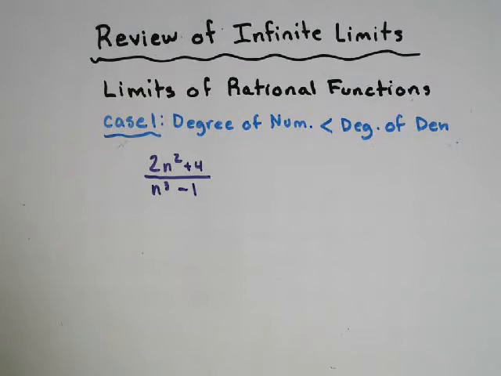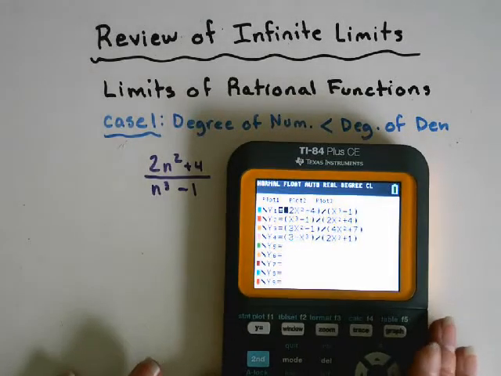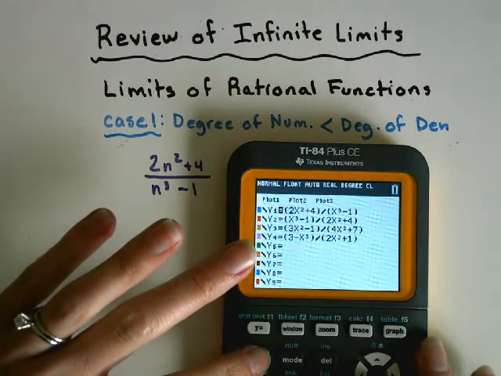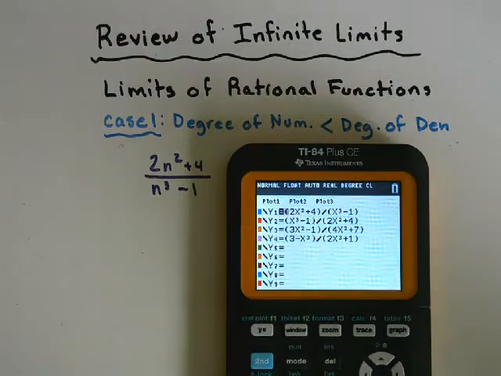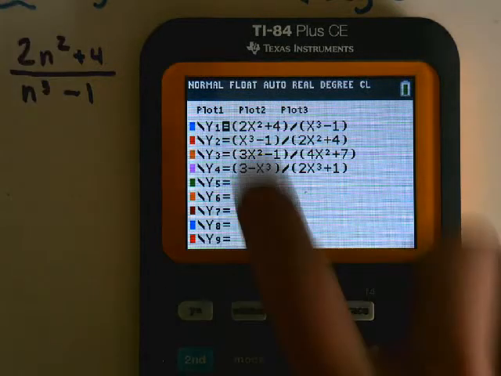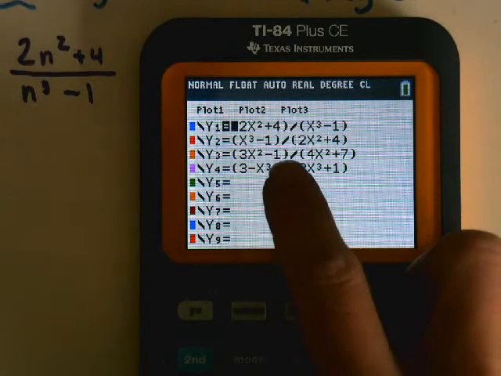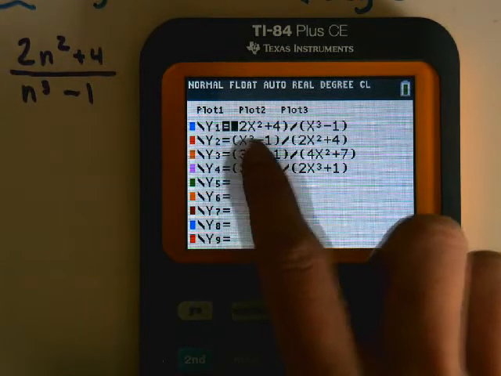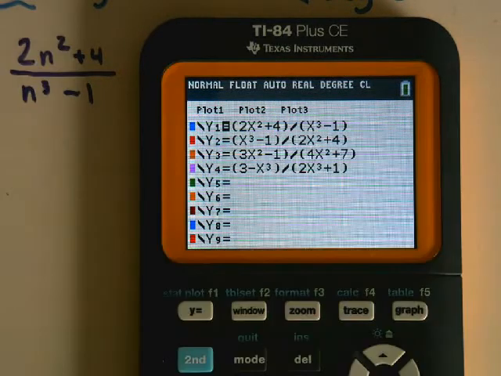So I'm going to use the calculator to do this. In the calculator, this very first one, and these are all from the notes, is 2x squared plus 4 over x cubed minus 1.